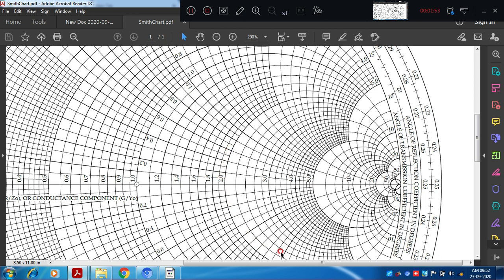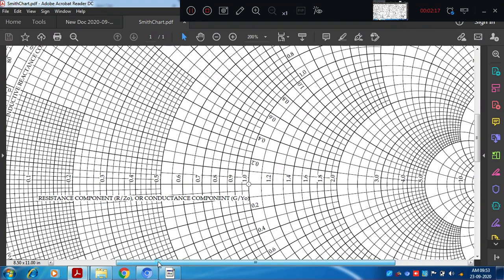In between 2 and 1.8 we have one more line, that is 1.9. Similarly, in between 2 and 3 we have 4 values: 2.2, 2.4, 2.6 and 2.8, then 3. In such a way it continues with the constant resistance circles.